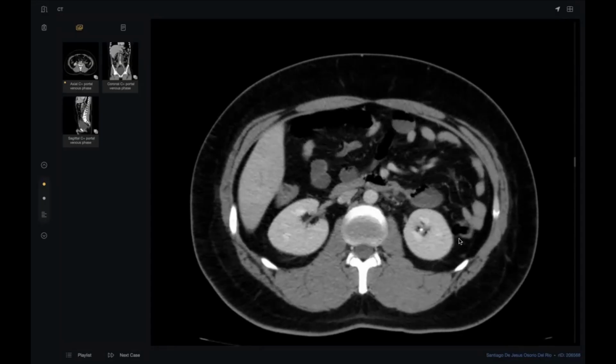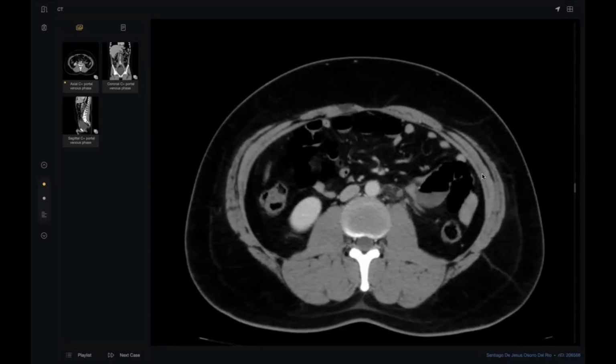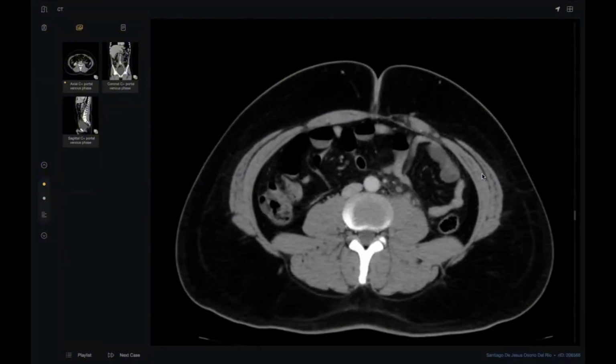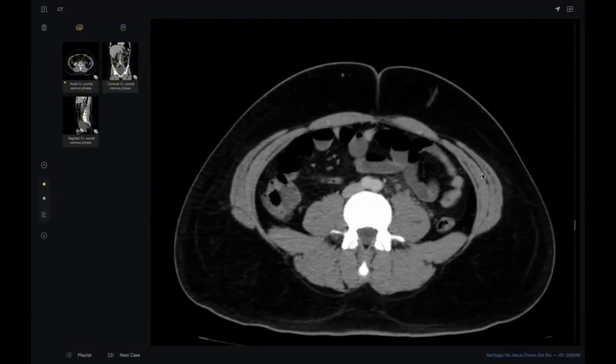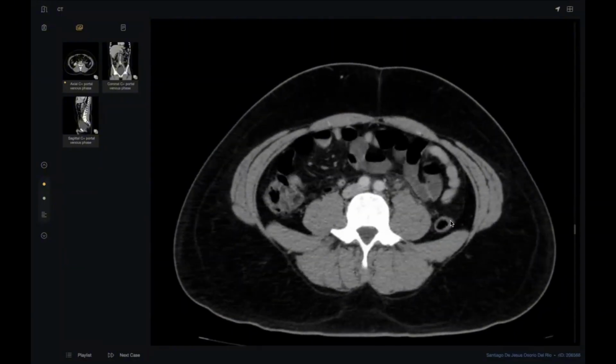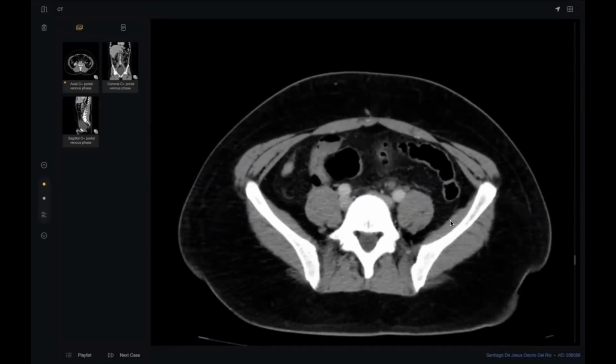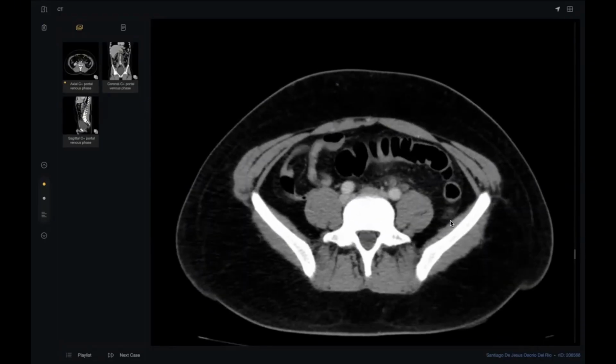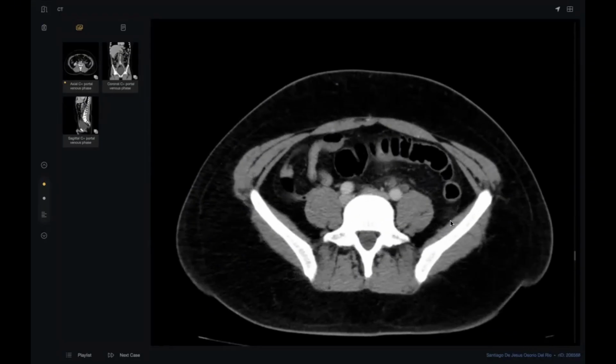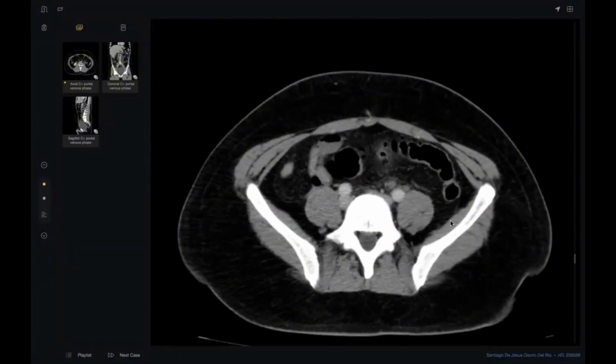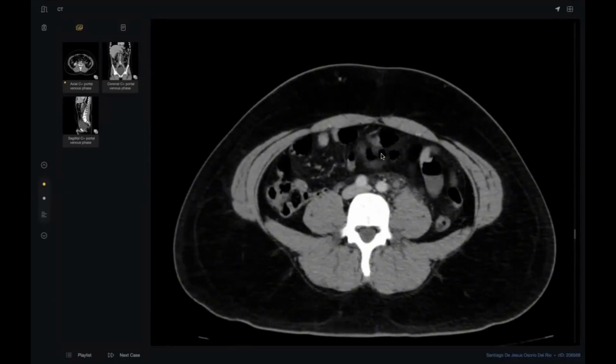Sir, I cannot see the mouse. Okay, see, sir, this here is the descending colon. Follow down. What is before or after the descending colon? The sigmoid colon. Okay, diverticulitis in this sigmoid colon.